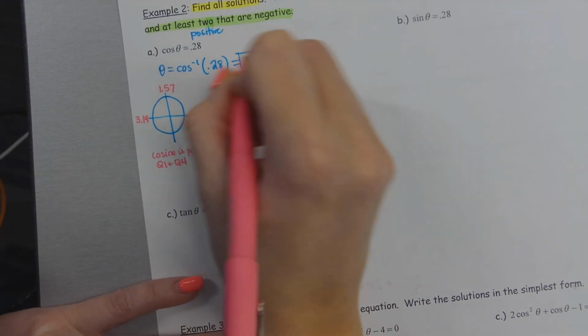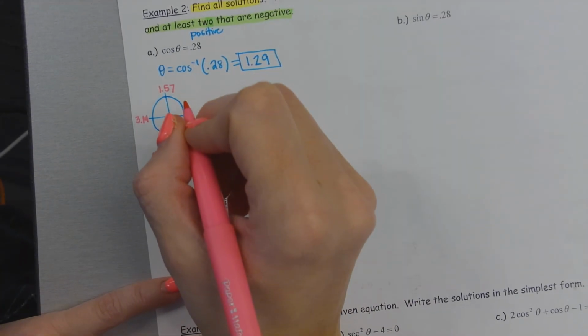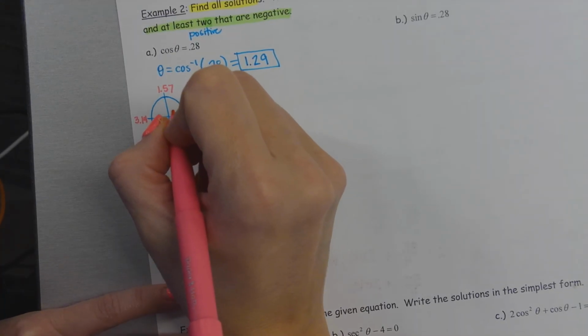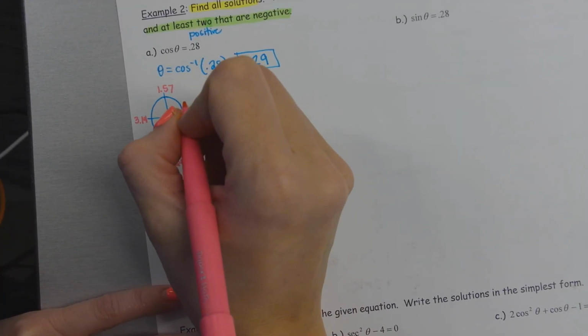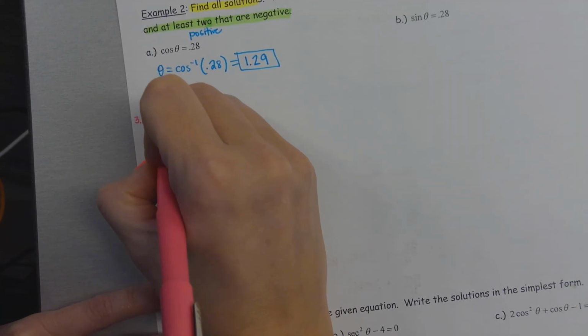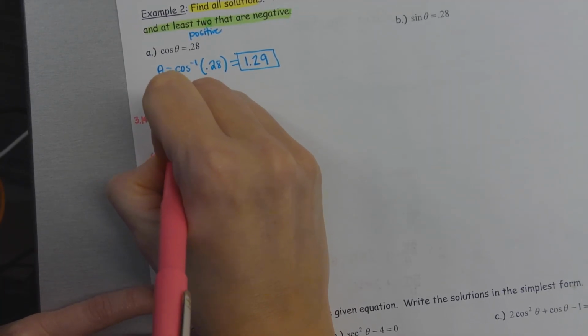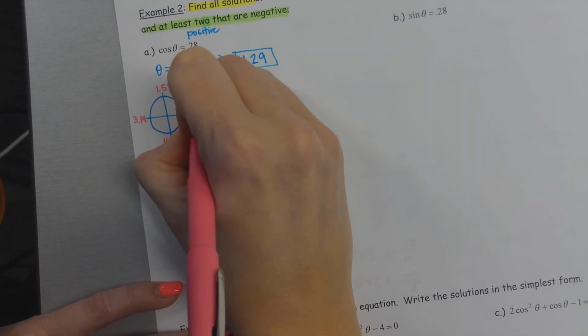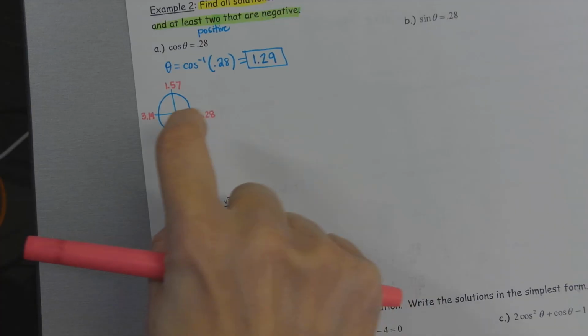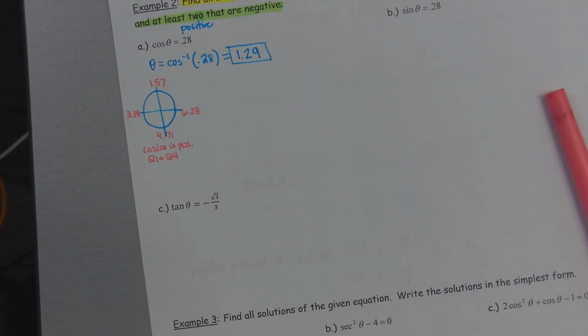When it's cosine and it's positive, they're always going to give you the one in quadrant 1 and not the one in quadrant 4. Do you guys think you can tell me why? They will always give you the one that is in quadrant 1. You will always have to find the one in quadrant 4.